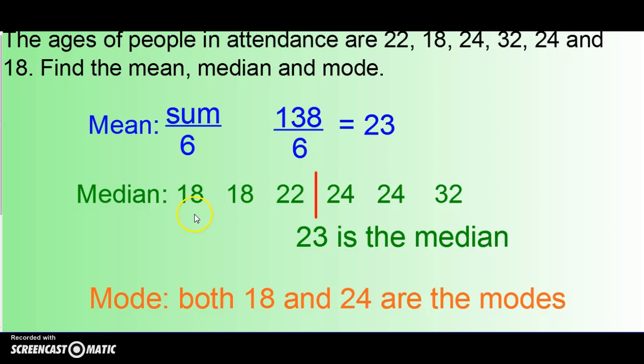The median, you would list the data from least to greatest, and then remember that the median is the number that comes in between the two numbers in the middle. So they don't have a 23, but the median is 23 because it's the middle of the data. And here we have a mode. We have 2 modes. The 18 and the 24 are both the modes.